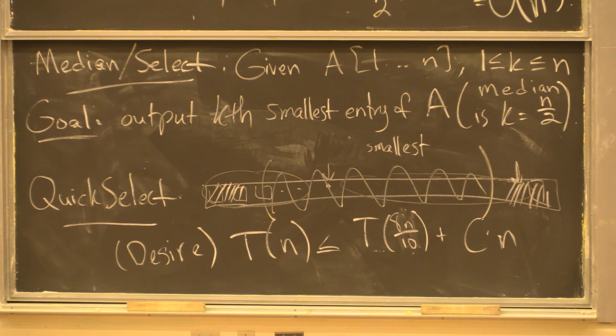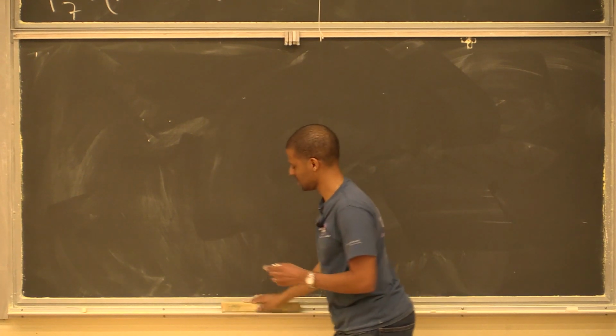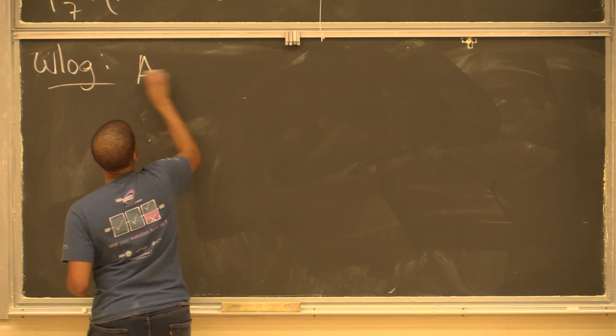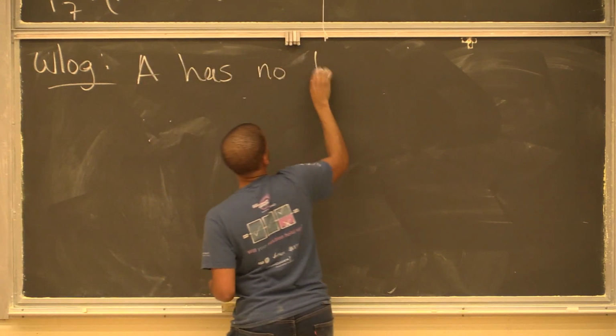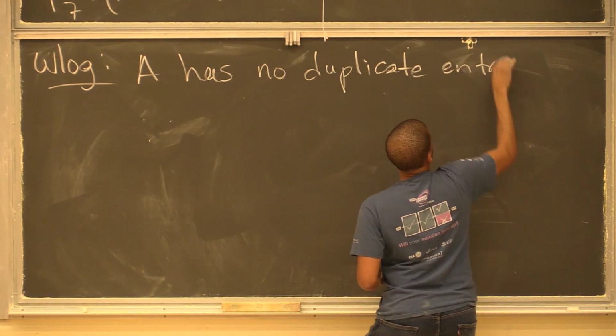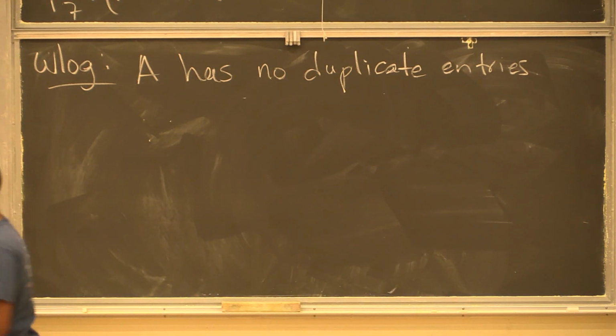Okay. I do want to make one simplifying assumption about this problem, which again is going to be without loss of generality. Without loss of generality, A has no duplicate entries. The algorithm can handle duplicates, just like quick select can. For example, say you ran quick select on the array 1, 1, 1, 1, 1, 1, 1, 1.